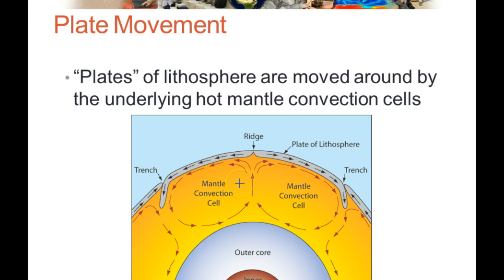Now, when the hot material reaches the base of the lithosphere, it cools and sinks back down through the mantle. So you can see this arrow, when that hot material now hits this cool layer, it sinks back down. Remember, hot rises, cold sinks.